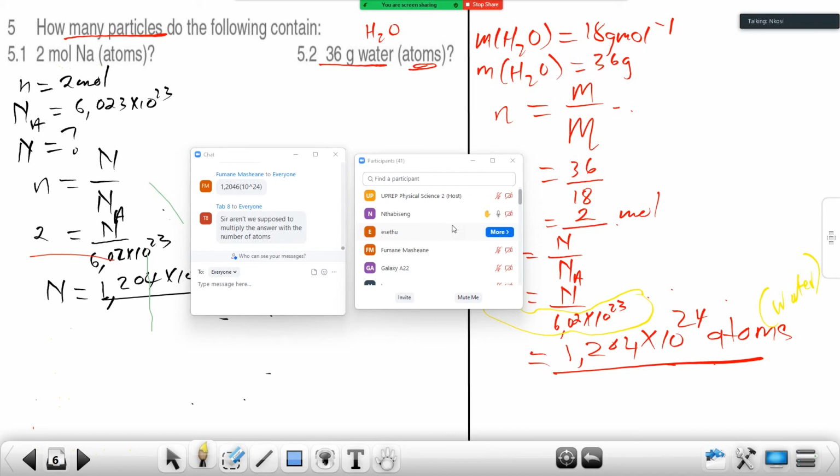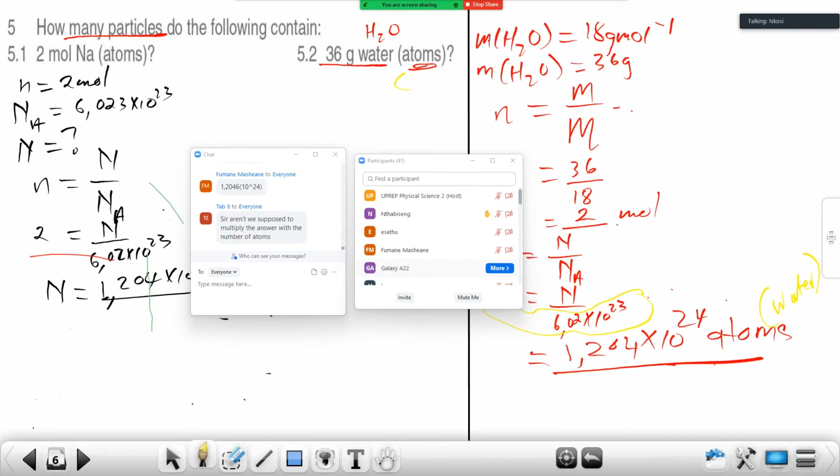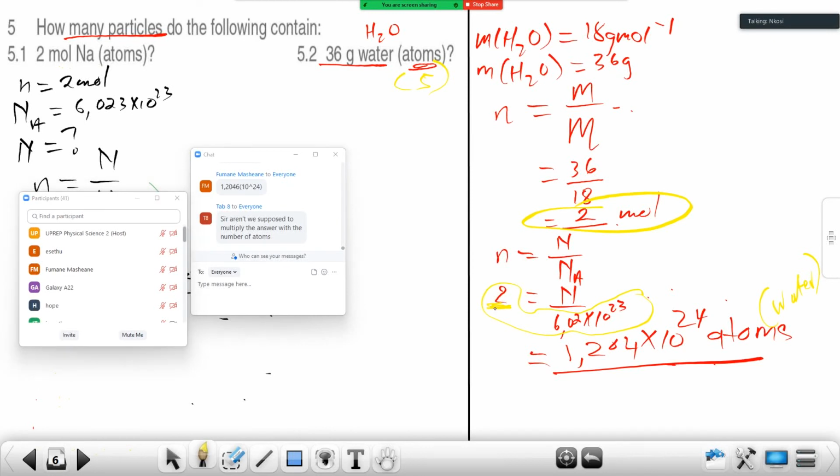Okay, Ntabiseng, you need to show each and everything that you do. The reason for that is, let's say this question was something like 5 marks. So the way the marks are going to be allocated, let's say you decide to calculate your moles somewhere else, and then you just come now and substitute the 2.